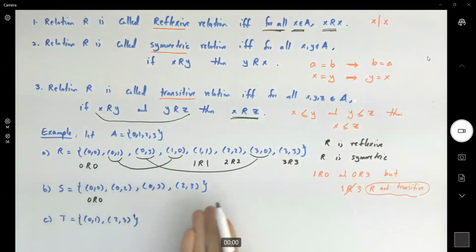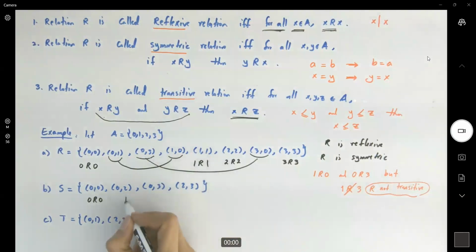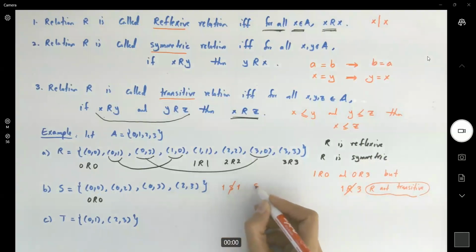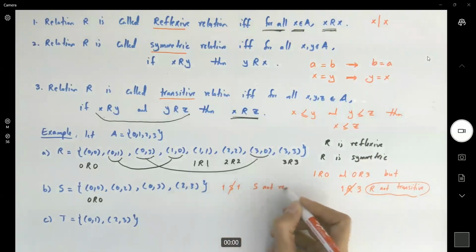But what about 1 and 1? What about 2 and 2? What about 3 and 3? 1 is not related to 1 over S in this relation. So S is not reflexive. One example is enough, everybody.